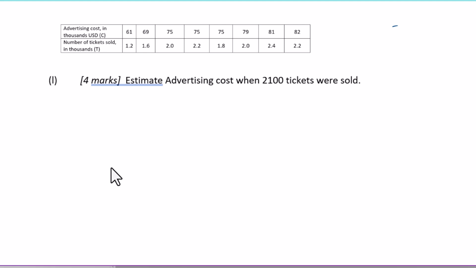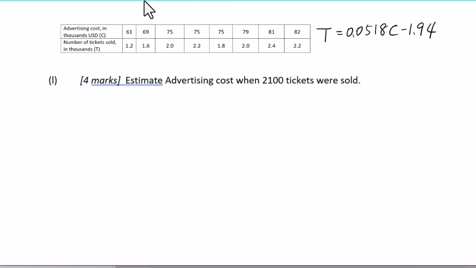That's it. Let's go to L. Estimate advertising cost when 2,100 tickets were sold. We cannot use this regression line in D. T equals 0.0518 C minus 1.94. We have to redo this regression line.